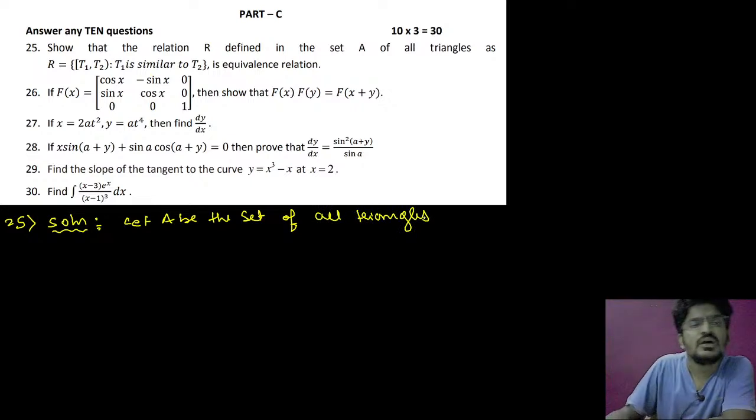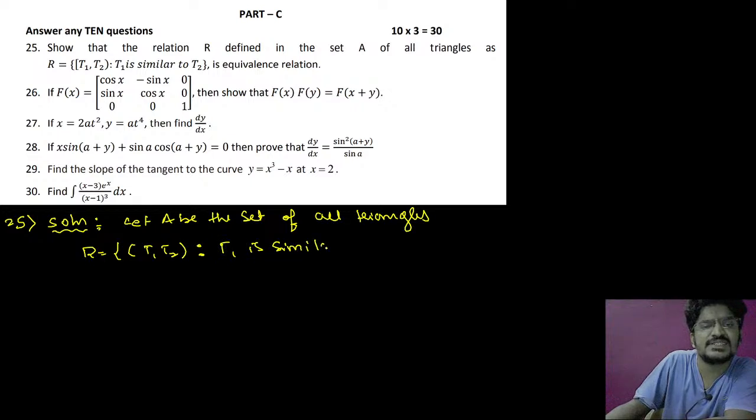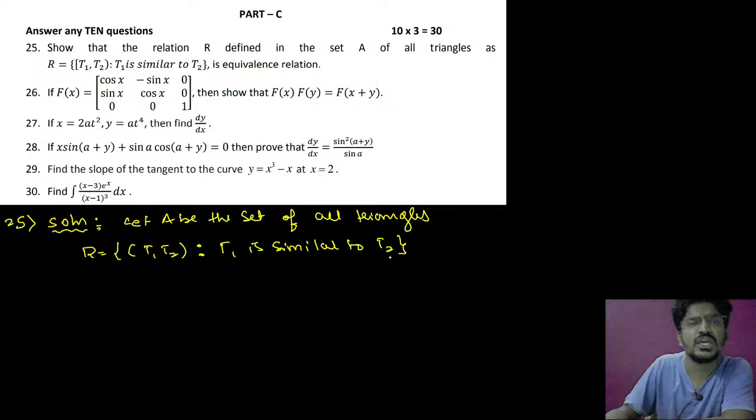Now R is the relation such that R is the set of (T1, T2) such that T1 is similar to T2, and it is an equivalence relation.